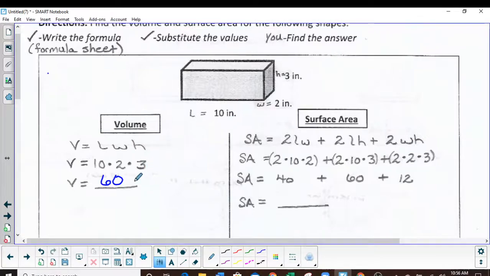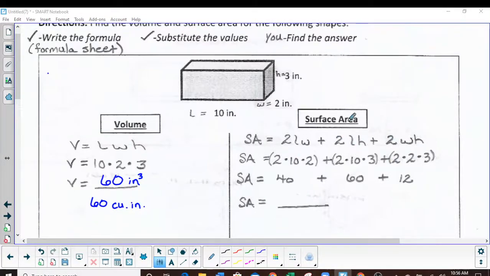Well, this says inches. But if it's volume, that means that it's cubic inches. That means that you could set 60 one-inch cubes inside of that. So we'll put a 3 right there, 60 inches cubed. It could also be written as 60 cubic inches. Either one of those is fine.